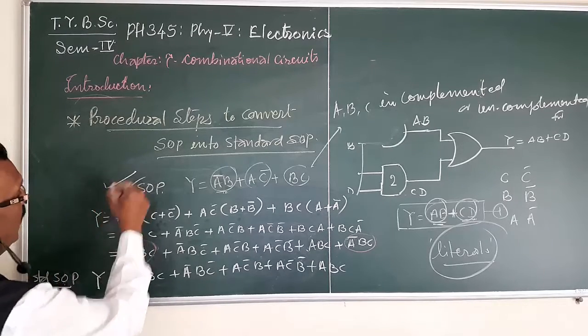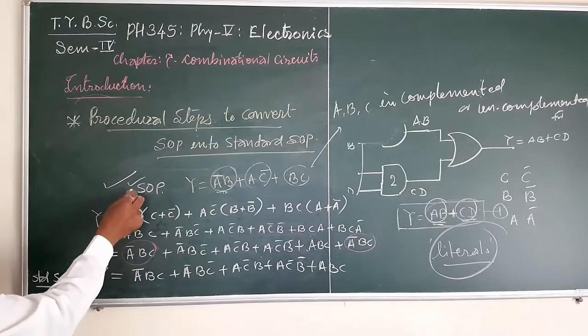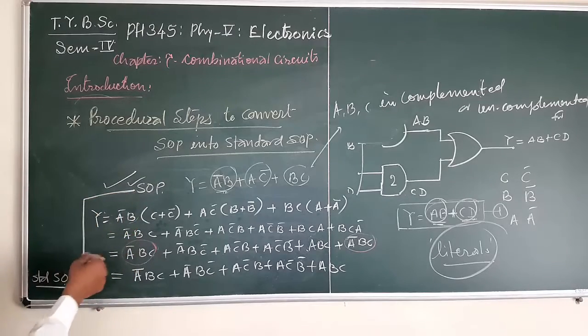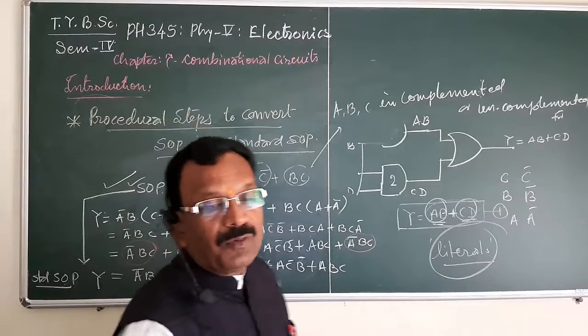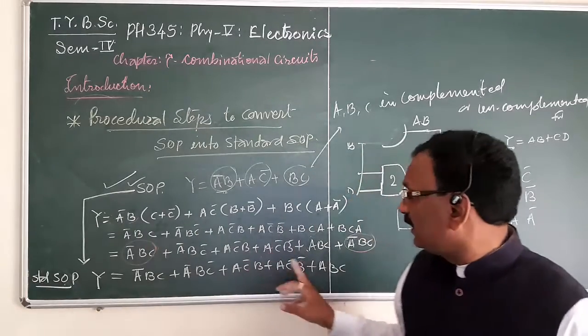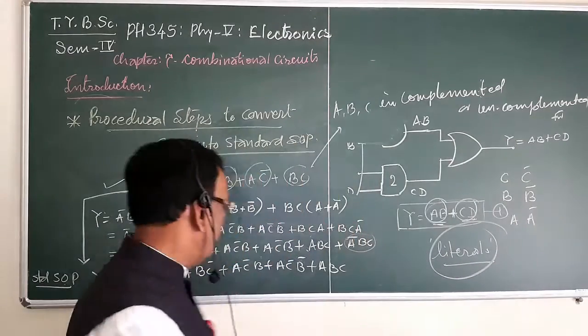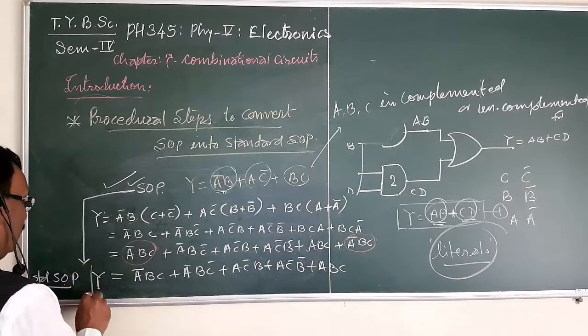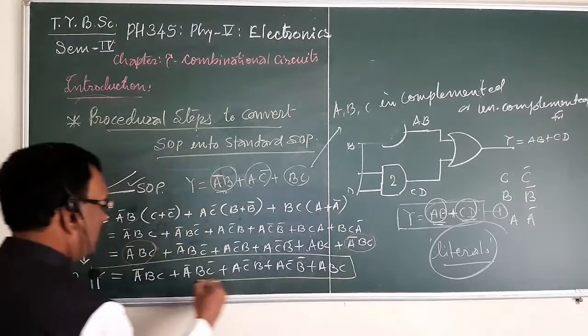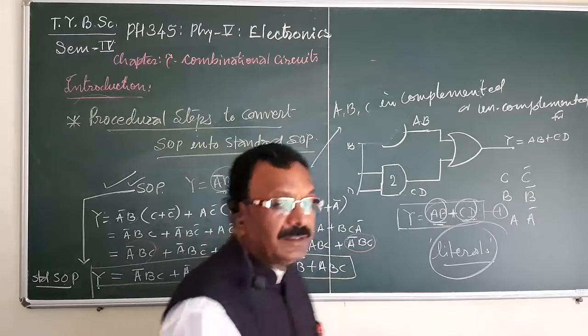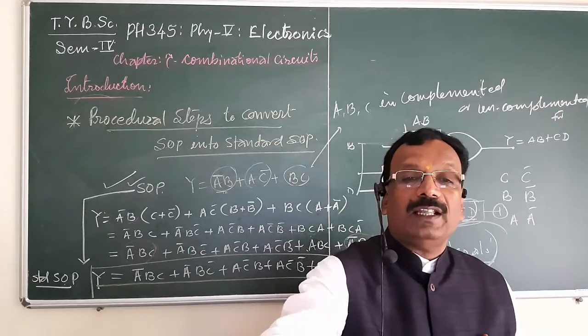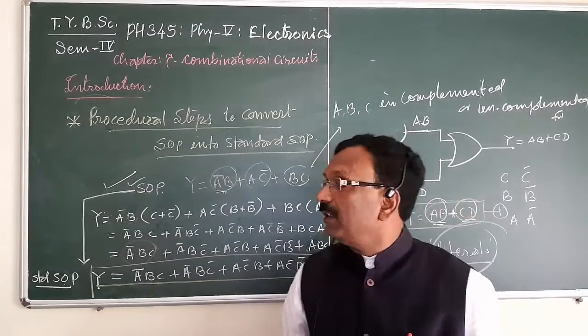This is simple SOP form, and we can convert SOP into standard SOP by making such type of arrangement. So this equation is standard SOP form. In this way, we can convert this simple SOP equation into standard SOP equation.